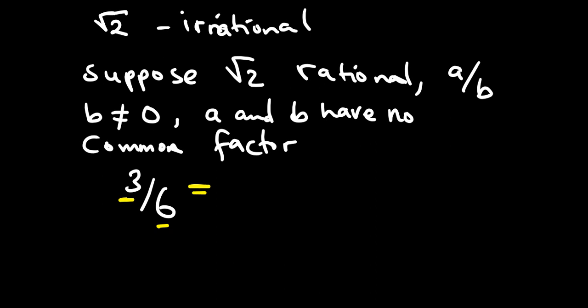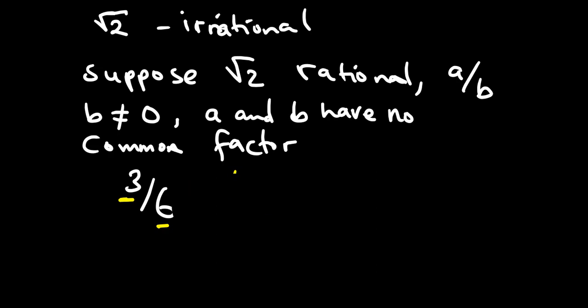But when we write 1 over 3, this is rational, because 1 over 3 has no common factor and it can be expressed in the form a over b. So that is what we are going to write.